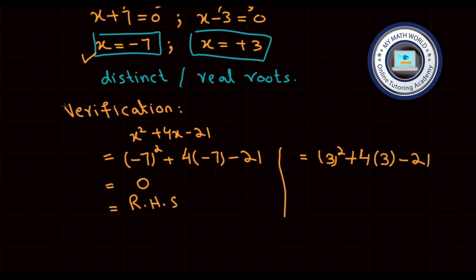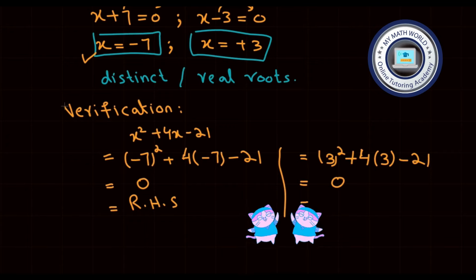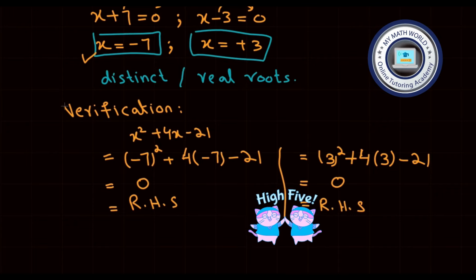Again we can use the calculator, put this whole expression in the calculator, and that will give 0 again. 0 is the right hand side of the equation. So that means the left hand side and right hand side are equal after putting these values, x is equal to minus 7 and x is equal to plus 3. We have got these roots after applying the method of factorization.